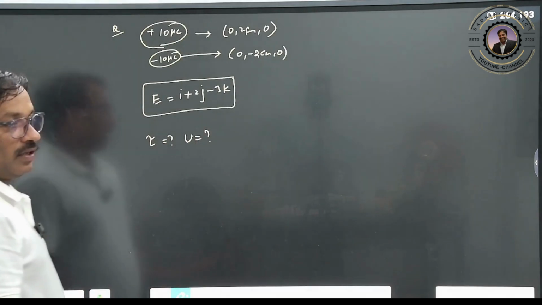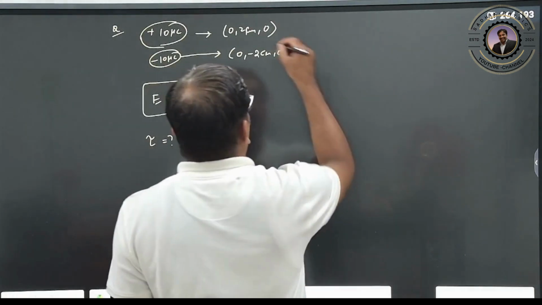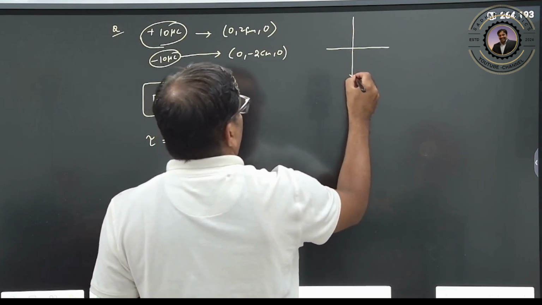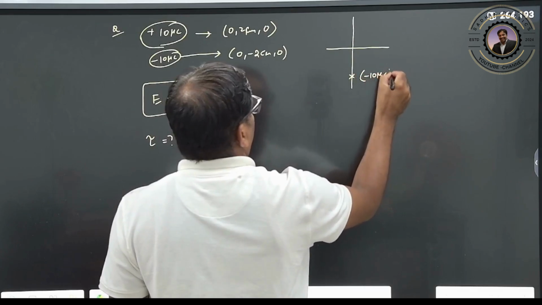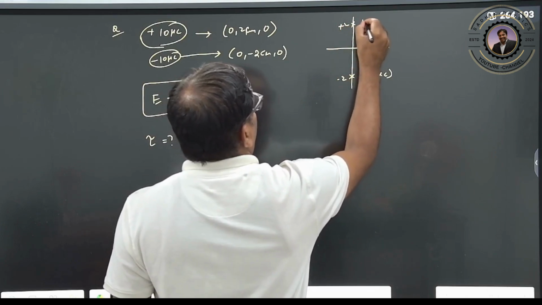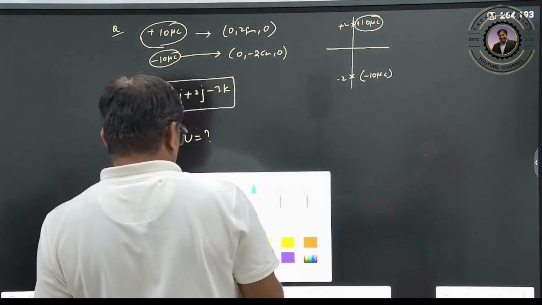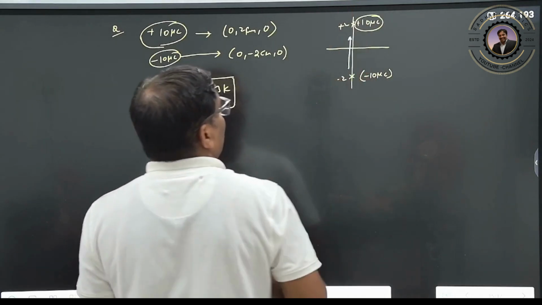Torque and potential energy. First of all, you have to calculate the dipole moment here. The dipole moment is along the y-axis, it is given. Here it is minus 2, therefore minus 10 microcoulomb, and here it is plus 2, 10 microcoulomb, clear. So the dipole moment is in this direction, along the y-axis.